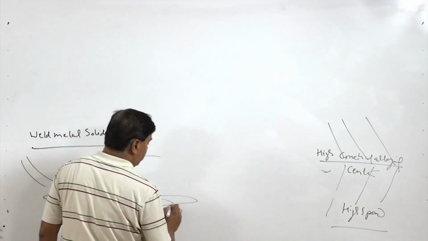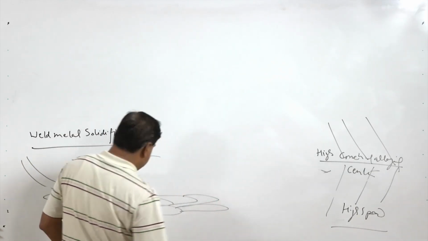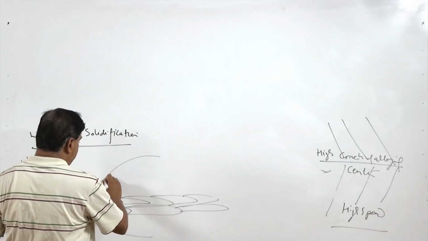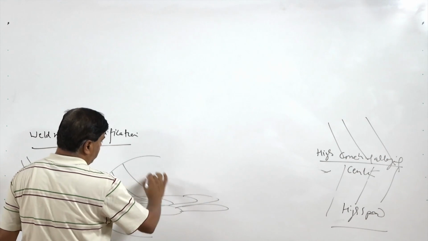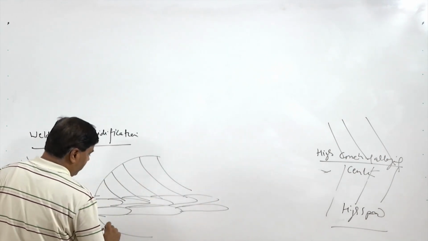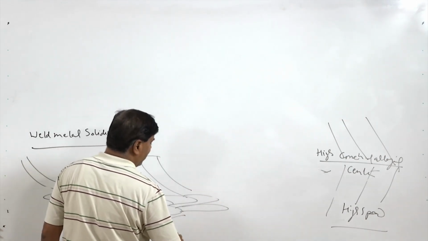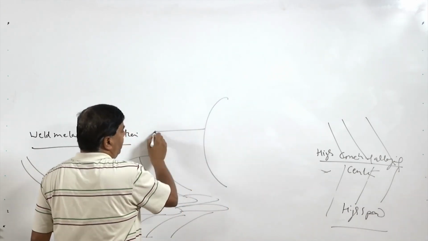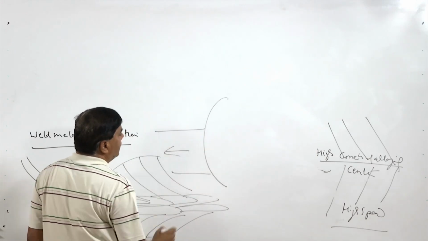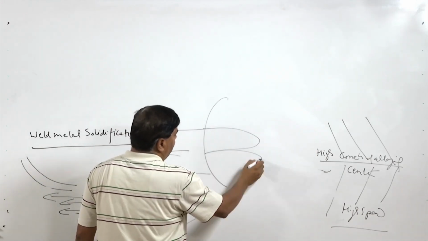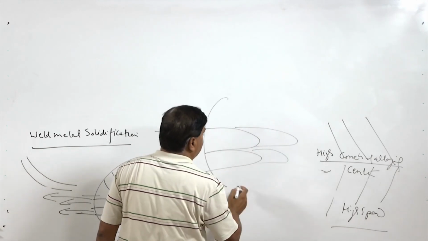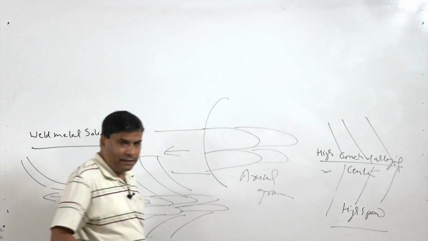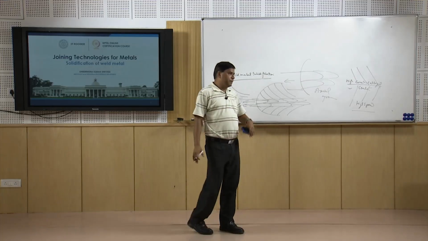So, these grains grow exactly along the welding direction, while other grains come like this. So, these are curved columnar grains and a few are axial grains. The axial grains are formed when the pool is very wide and the already welded portion extracts a lot of heat, so some of the grains start to grow in the direction of the welding. Actually, axial grains weaken the material as compared to the columnar grains.